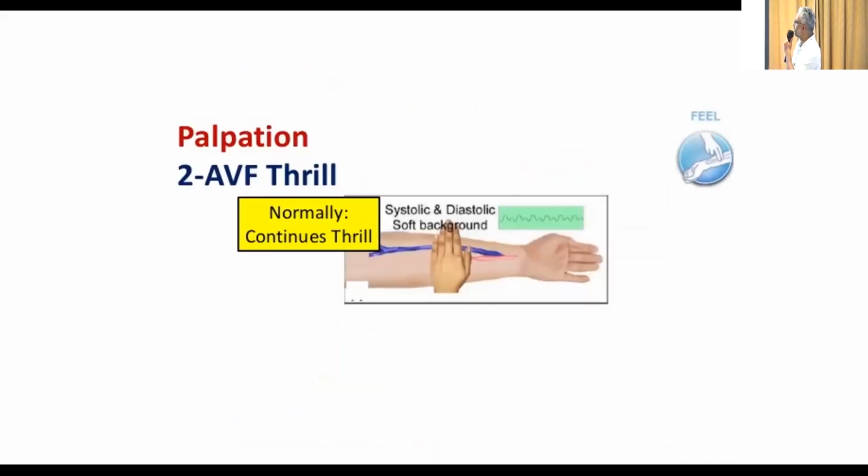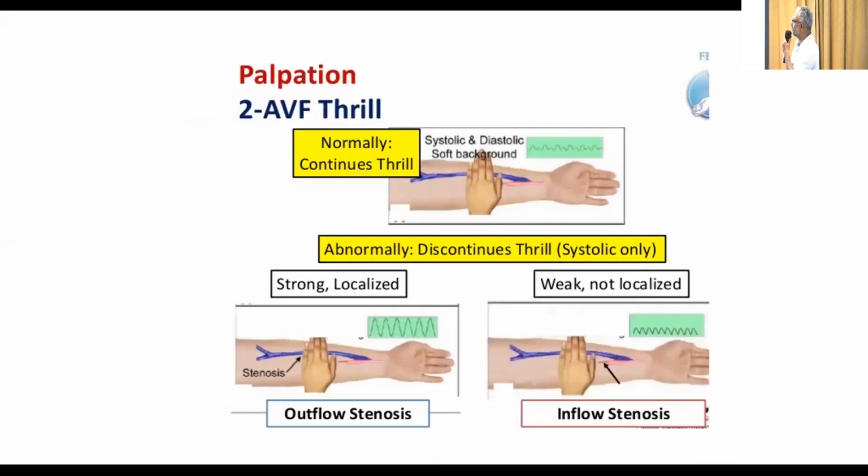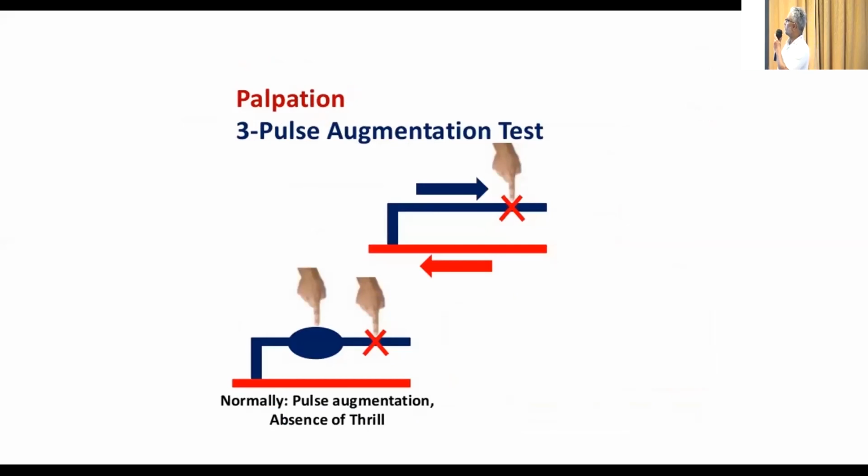With palpation, you also look for your thrill, a nice, continuous thrill. If the thrill is discontinuous or very weak, then you have an outflow stenosis. I'll just go fast. Pulse augmentation, what is this? You have a nice fistula here, and when you press distal to the fistula, you have augmentation.